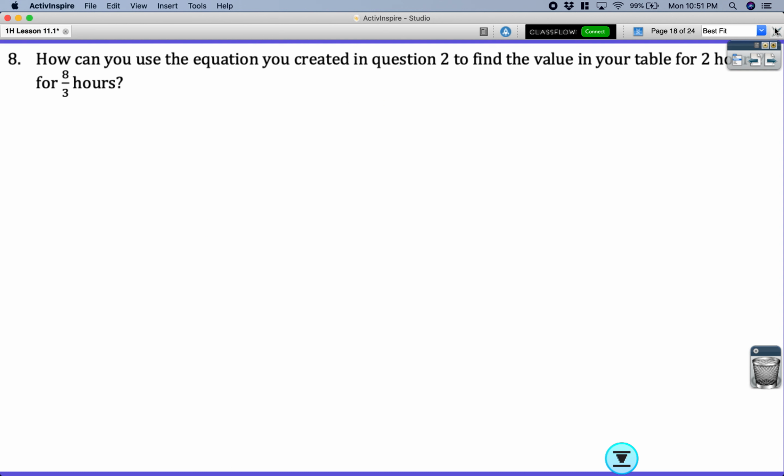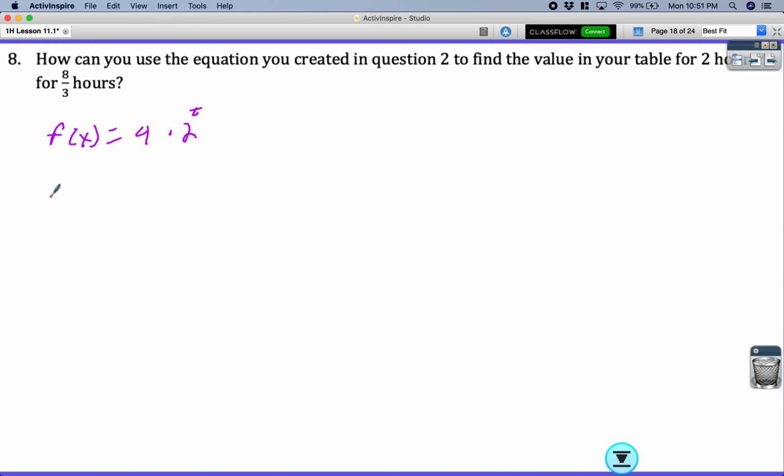So it says, how can you use the equation you created in question 2 to find the value for 2 hours and 8 over 3 hours? So remember, our equation in question 2 was f of x is equal to 4 times 2 to the t.